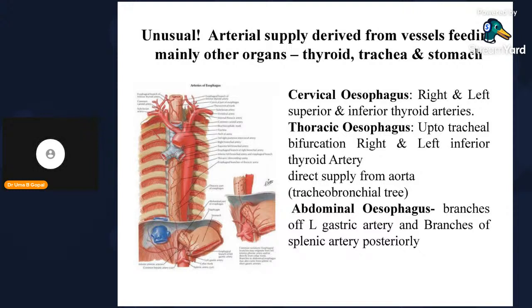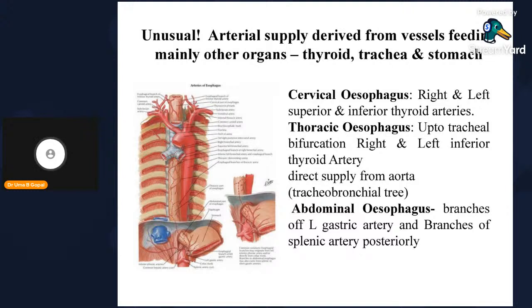The cervical esophagus is supplied indirectly by the right and left superior and inferior thyroid arteries. The thoracic esophagus up to the tracheal bifurcation is supplied by the right and left inferior thyroid arteries, and directly from the aorta along with the tracheobronchial tree. It supplies both of them together. The abdominal esophagus is supplied by branches of the left gastric artery and branches of the splenic artery posteriorly.